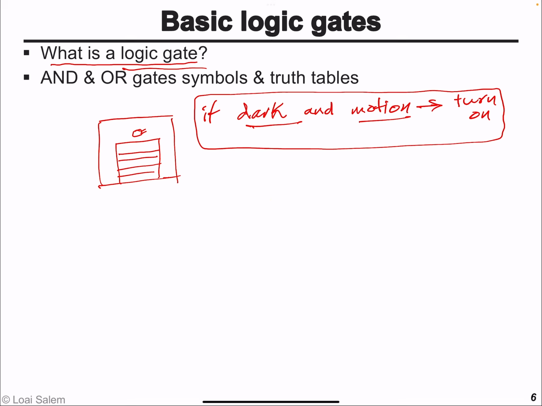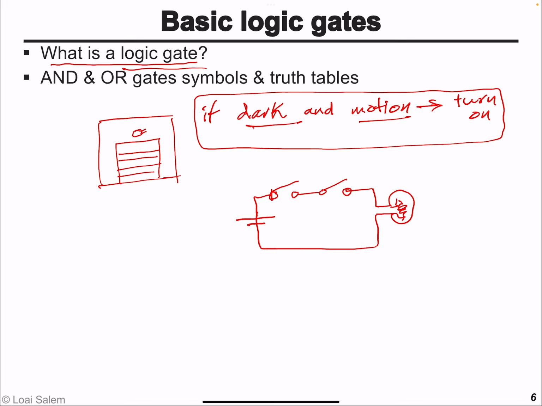Well, we can use two switches in series. And here is the light bulb. And then we have an input battery or whatever voltage source.